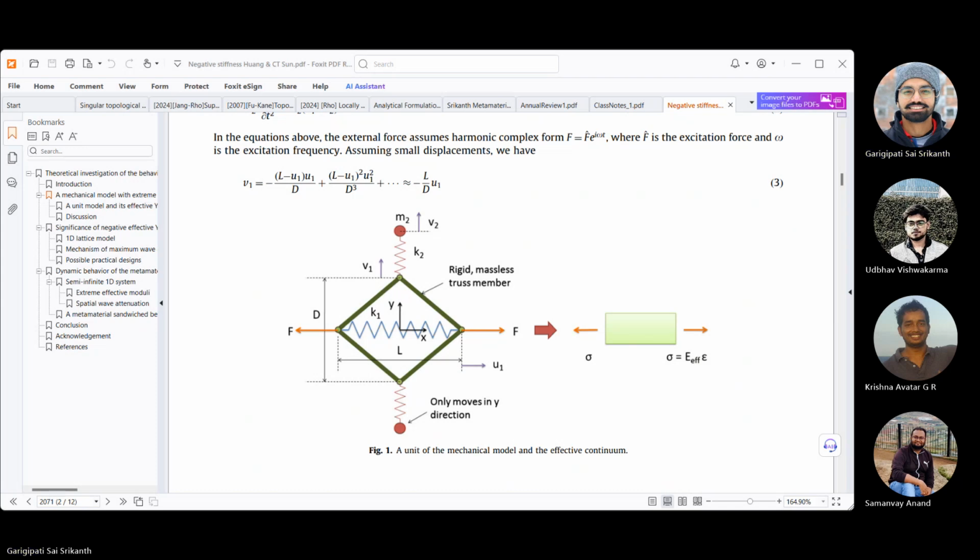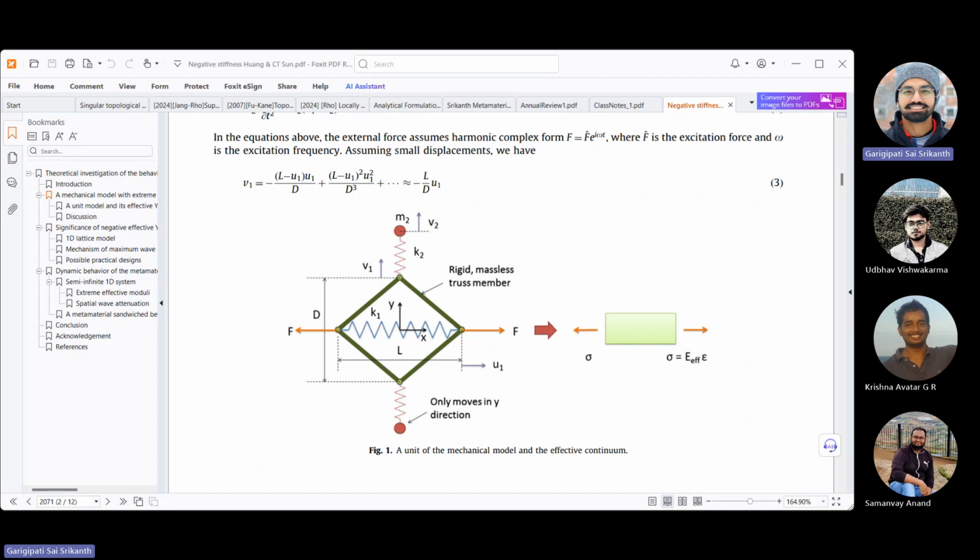You see that these pin joints and this rigidity are really important.